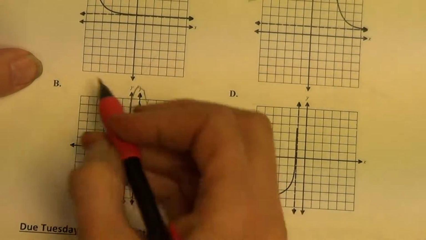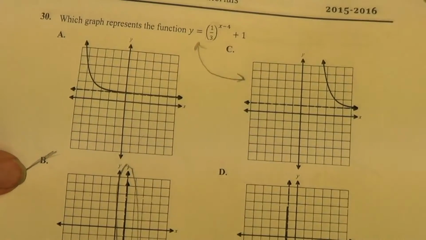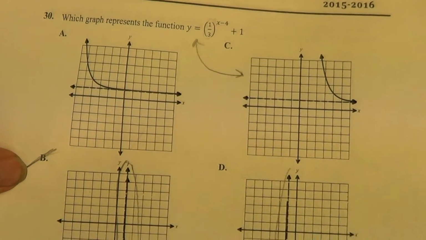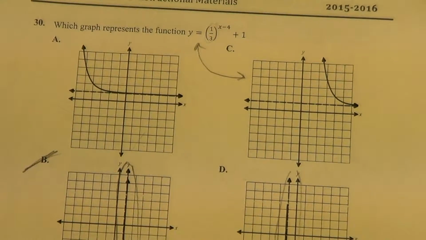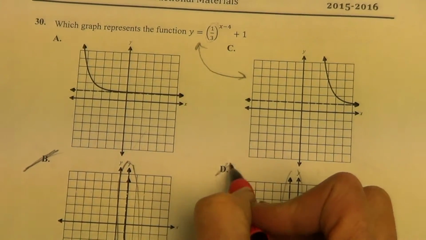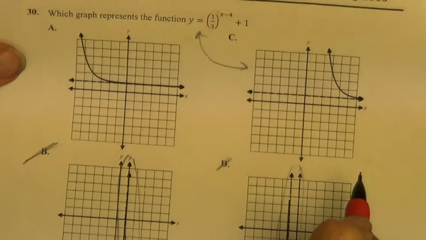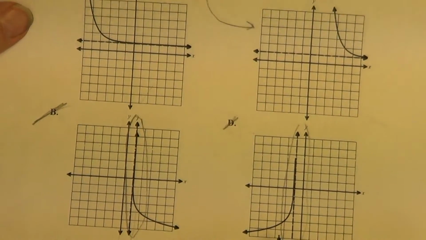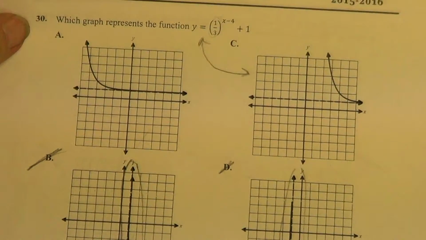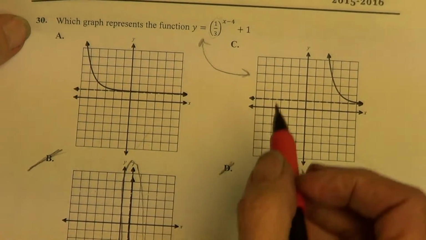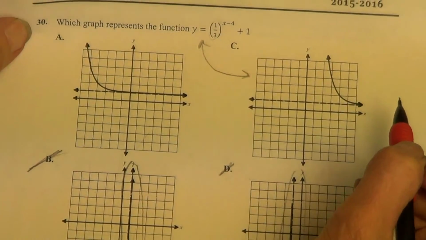So this one's out because of the asymptote. And this one is out not only because of the asymptote, but we've got this flipped over the y-axis, which we didn't do in this unit. We didn't show you that at all. You could figure it out now that you know about inverses and such. Okay, and logs. Okay, here we go.